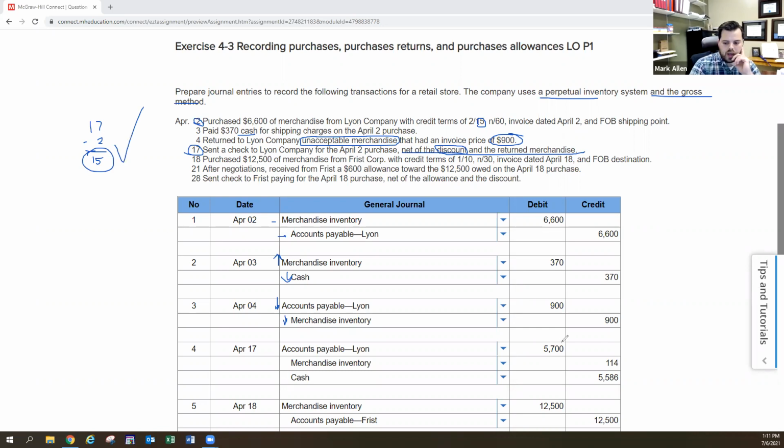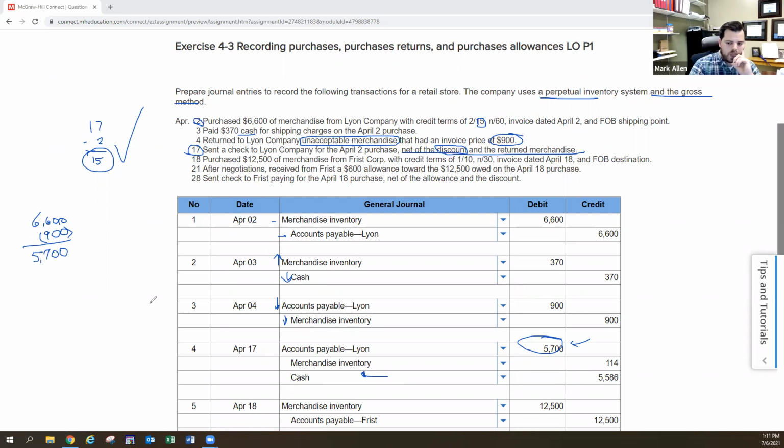So the question is, well, how did they get this 5,700? Well, the 5,700, that is 6,600 less the $900 that we sent back. So that's 5,700. So that's where this number comes from. The next question is, well, where did cash come from?